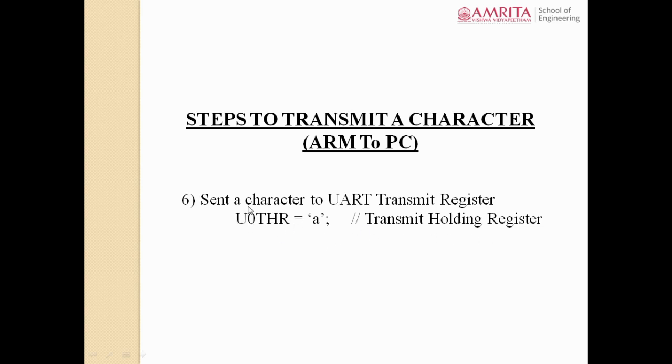So it is a register which is used for holding the data that has to be transmitted using UART. So after performing the initial configuration, whatever data you need to transmit, in my case I am going to transmit a character A, that A should be sent to a register known as U0THR. So what will happen? That character will be sent out through the TX pin of UART peripheral. Right. TX pin is P0.0 of UART peripheral.